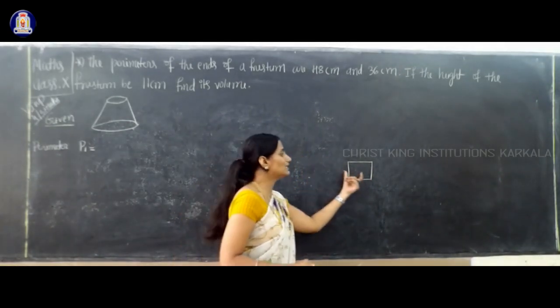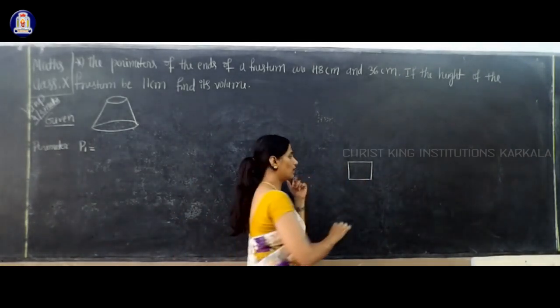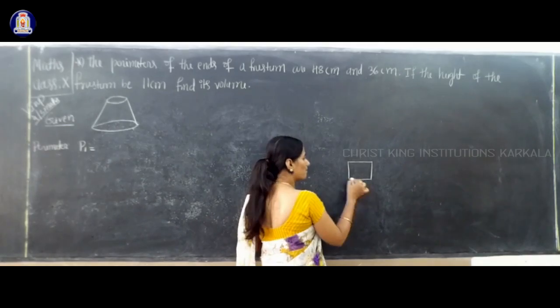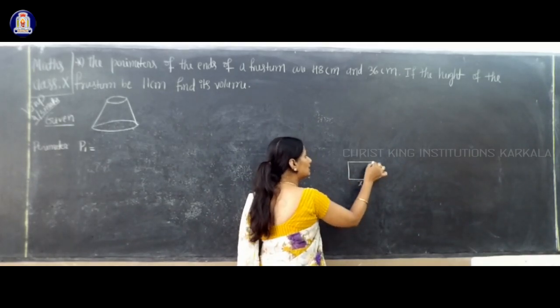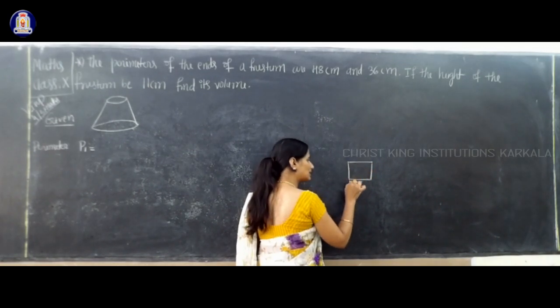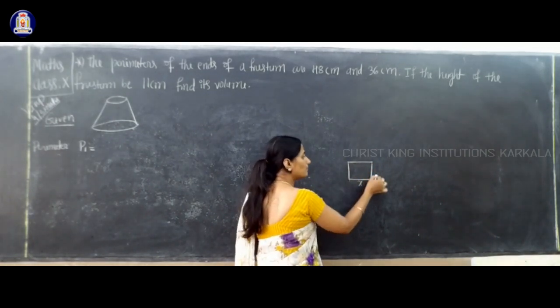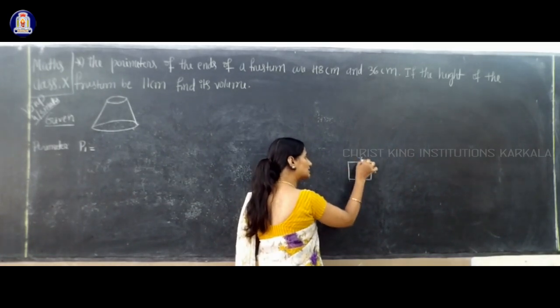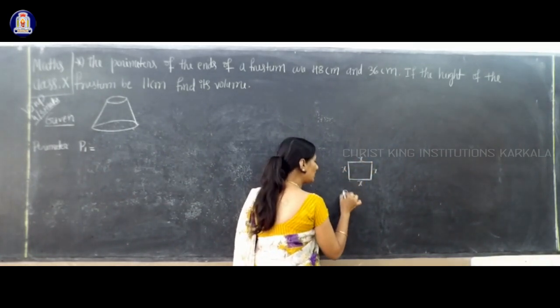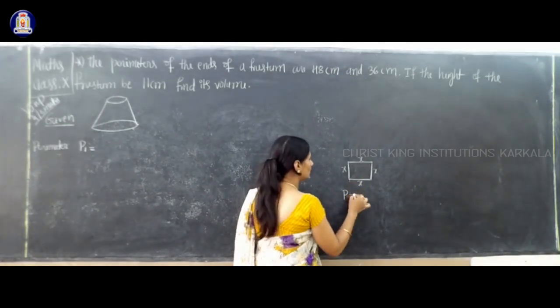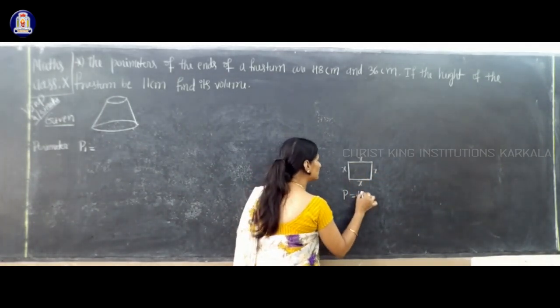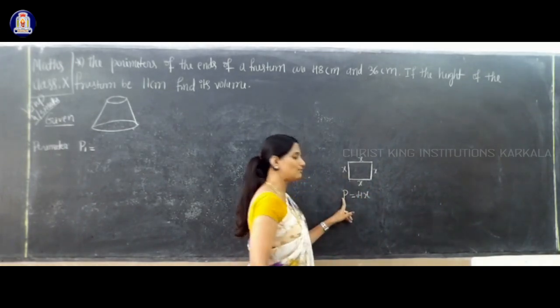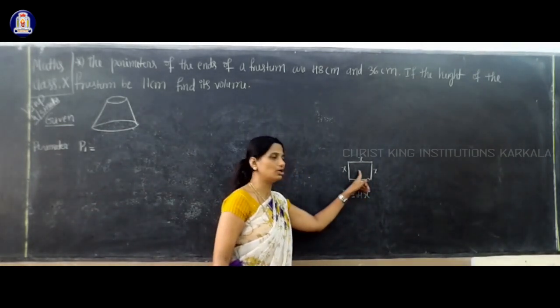Square. What is the perimeter of a square of side x? Perimeter means length of this side plus this side plus this side plus this side. Square means all sides are equal, so it is x, x, x. So the perimeter of this square is x plus x plus x plus x, which is 4x. This is the formula for the perimeter of a square.